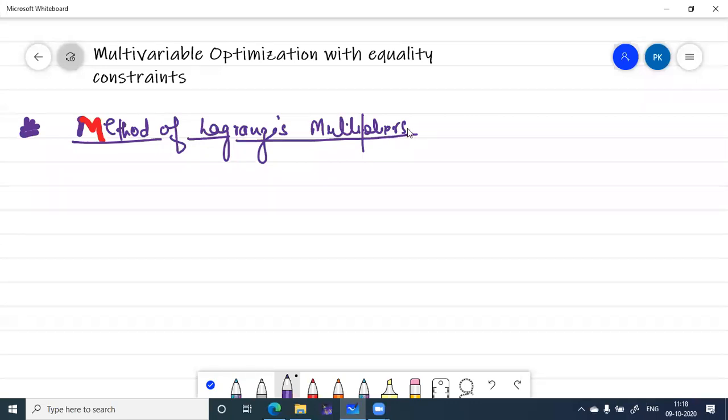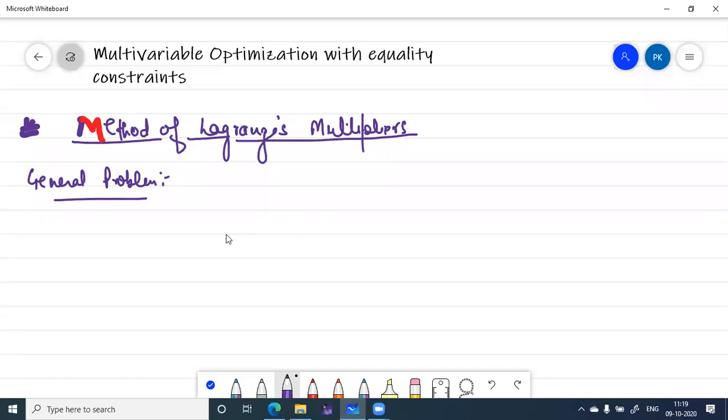In this method, we construct a new function, which is the Lagrangian function, and then we will minimize or find out the optimum results. Suppose we have a general problem that consists of two variables. There may be any number of variables, maybe 2, 3, 4, and so on.